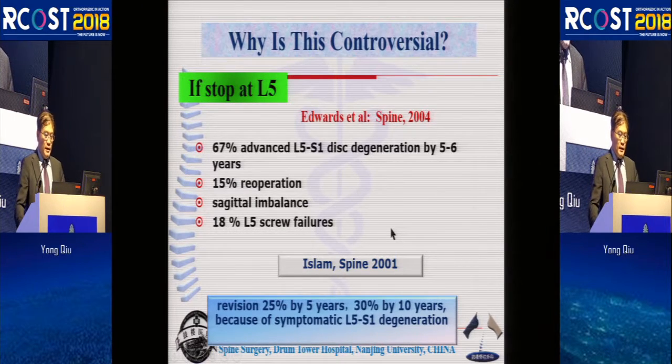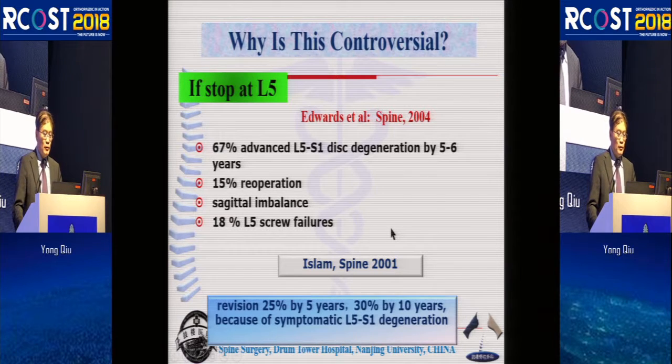However, if we stop at L5, look at what will happen. 67% of the patients will have advanced L5-S1 disc degeneration by 5 years. 15% of the patients require revision surgery, and many patients have sagittal failure.